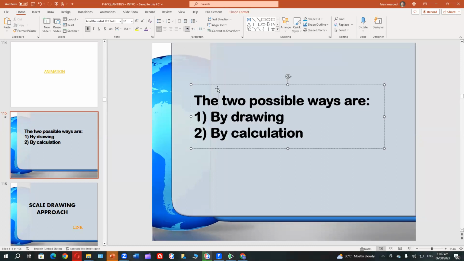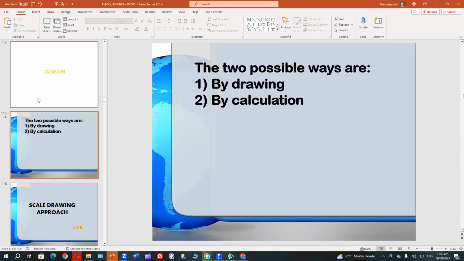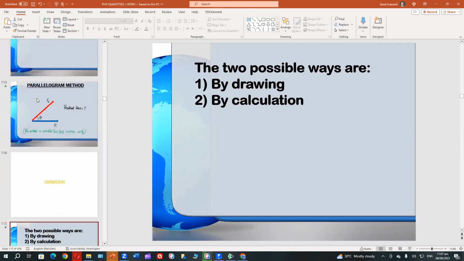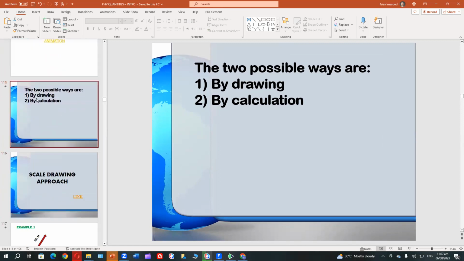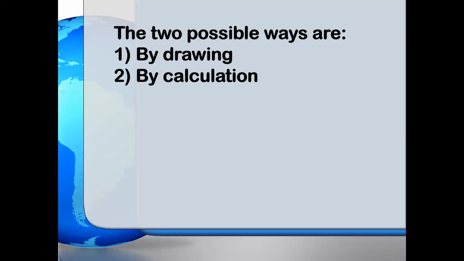So write under it that there are two possible ways: number one, by drawing, number two, by calculation. Yes, sir.